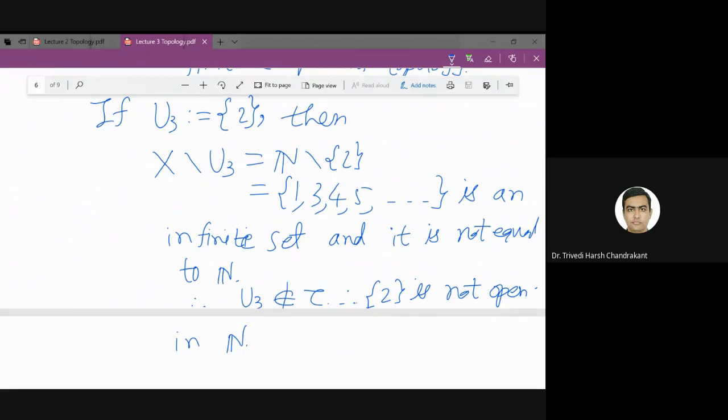But if I consider the discrete topology on the set of natural numbers, then every subset of the natural numbers is open.